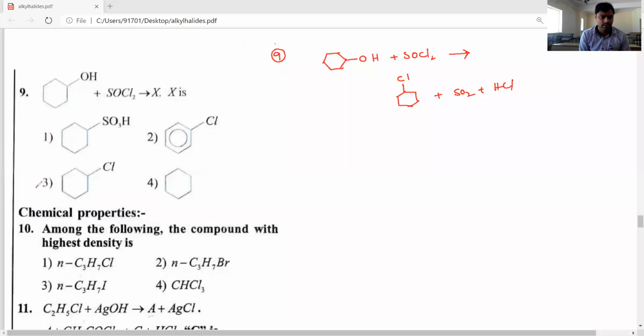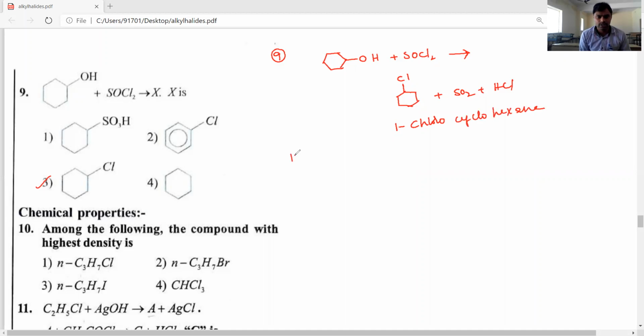So the answer is the third option. What is the name of this compound? 1-chlorocyclohexane is the product.